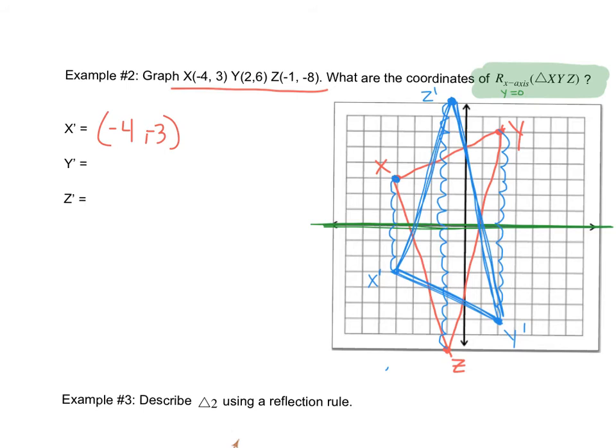Sorry. -4, -3. Your y prime is at 2, -6. And your z prime is at -1, +8. Okay, questions on that? All right.